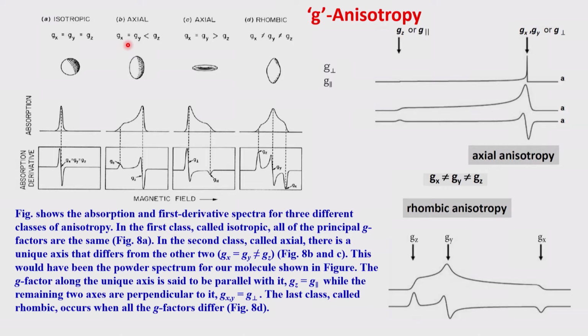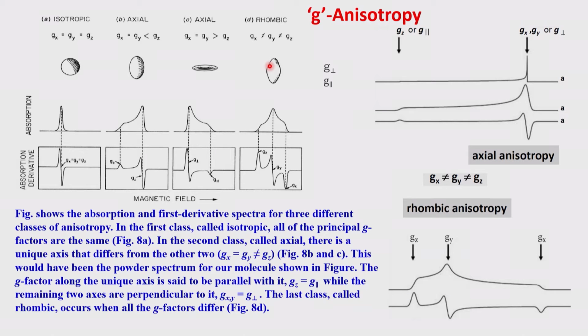Now any two of them, let us say Gx, Gy is same but less than Gz, then along the z axis you get an elongation kind of thing, and the other way you can get as well. So this is one of the axial, one axis along the z axis. Or Gx is equal to Gy and greater than Gz, then you will get an oblate kind of thing, again another axial. So these are called the axial kind of elongations. That means an asymmetry is there.